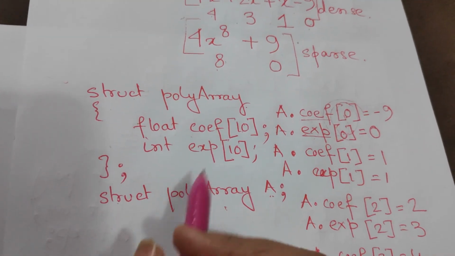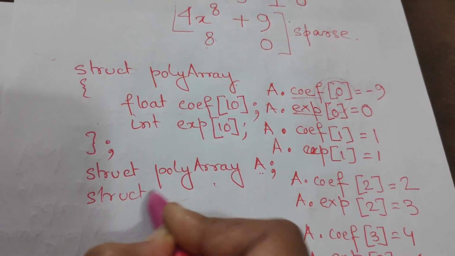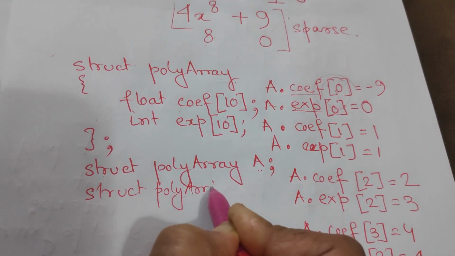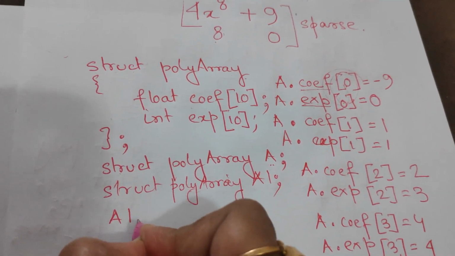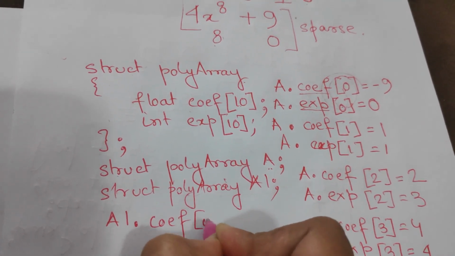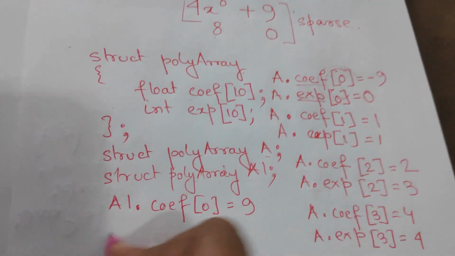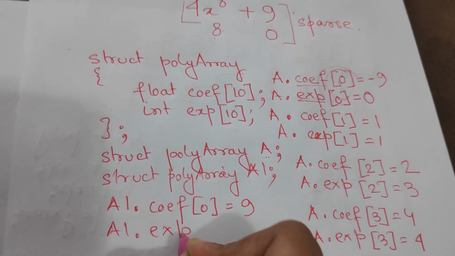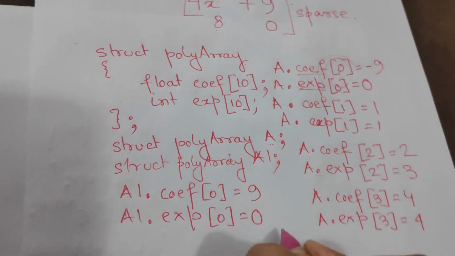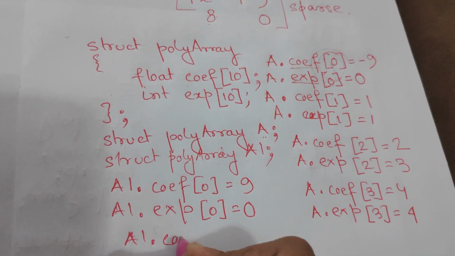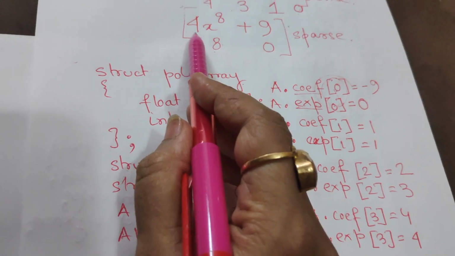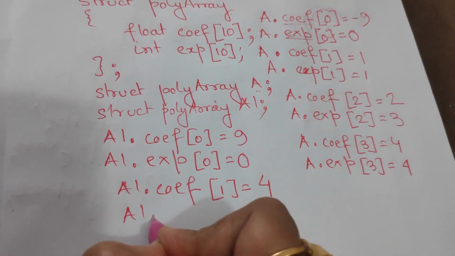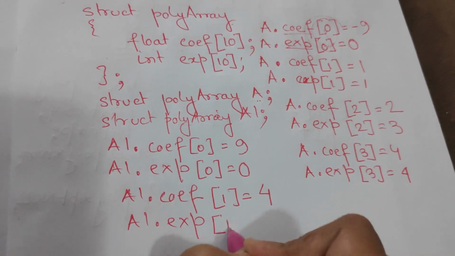If we are representing this polynomial using a variable called a1, then a1 dot coef 0 would store 9, a1 dot exp 0 should store 0, a1 dot coef 1 should store 4, and a1 dot exp 1 should store the value 8.